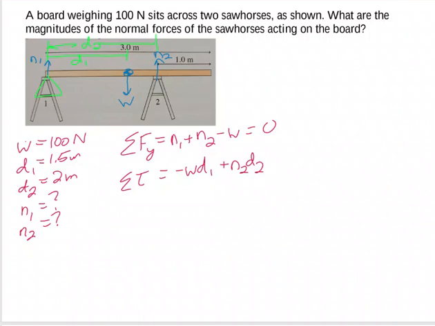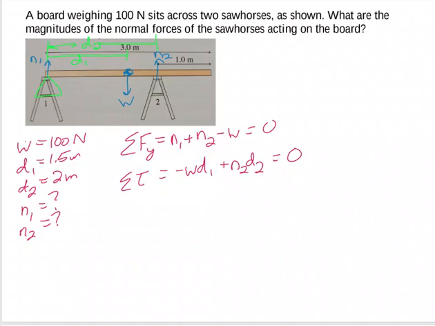Anything else? No, because N1 is on the pivot, so it has a distance of 0 and isn't included. That's why it's very important that you put the pivot on one of these forces. And that equals 0 because this thing is not moving.